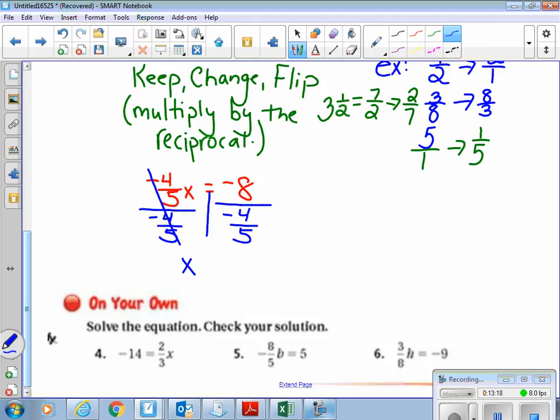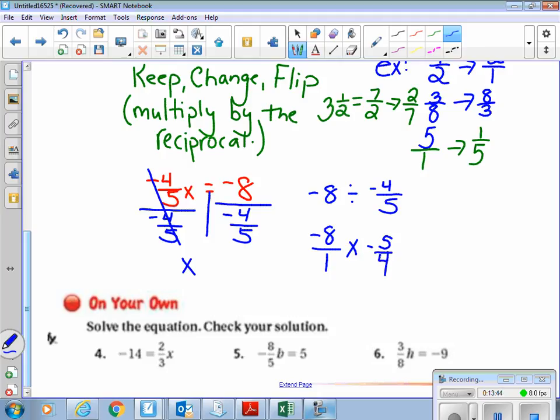So -8 divided by -4/5 really looks like this. -8 divided by -4/5. When I apply my keep, change, flip, my -8 remains -8, but if I want it to look like a fraction, I'm going to rewrite it over 1. It's still -8. My change, my division, becomes multiplication, and my flip of -4/5 would make it -5/4.